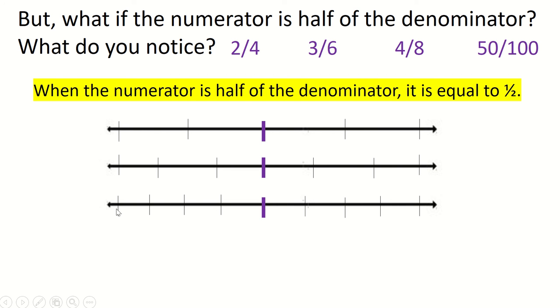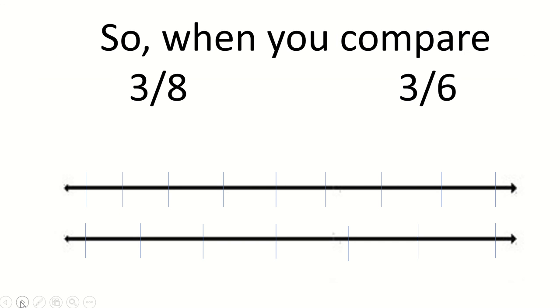Then I divided a number line the same length into 8 equal parts, and I found that 4/8 is located right in the middle. So whenever you're looking at a fraction and you see that the numerator is half of what the denominator is, then you know it's half. It's equivalent to 1/2.